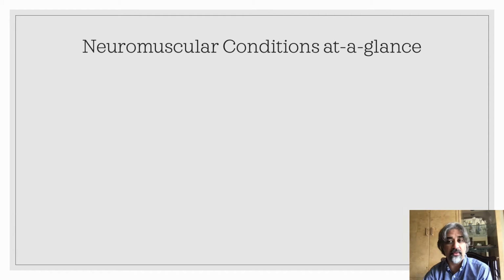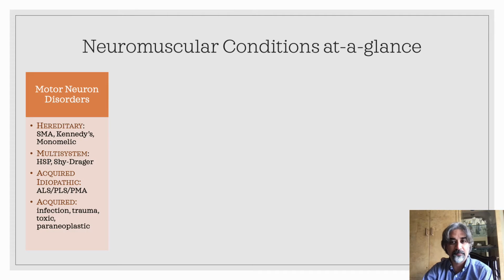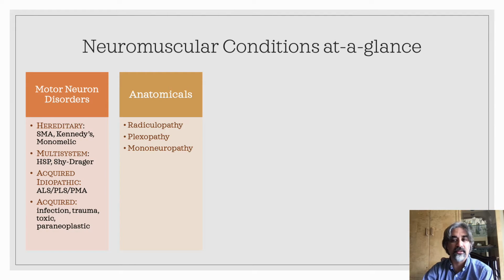I just want to clarify what I mean when I'm talking about peripheral neuromuscular conditions, and this is the way I teach my trainees when they're first learning. I organize the conditions based on the proximal to distal site of primary pathology, like I showed you in that anatomical picture. We start most proximally with motor neuron disorders like ALS. Next are the anatomical sites of lesions such as roots, plexuses, or specific nerves.